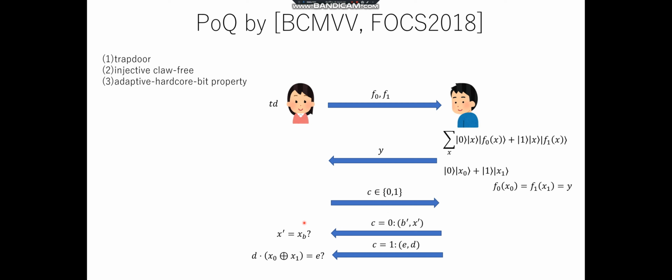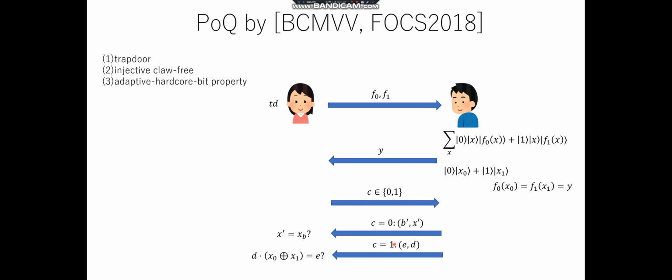Because the verifier has the trapdoor, she can compute x0 and x1. So she checks whether this is correct or not. If this is correct, then the verifier accepts. Otherwise, the verifier rejects.